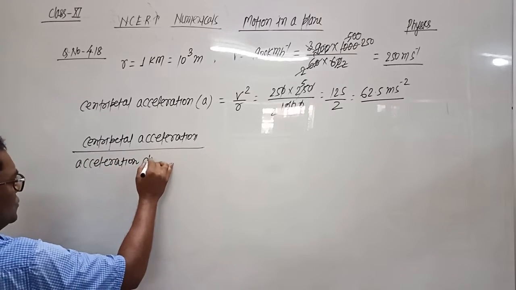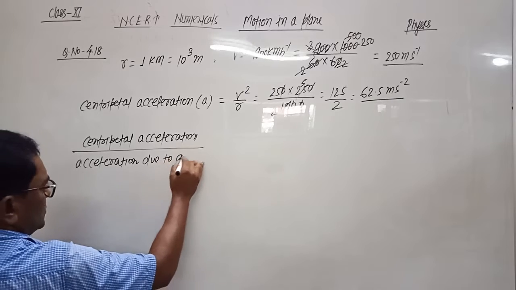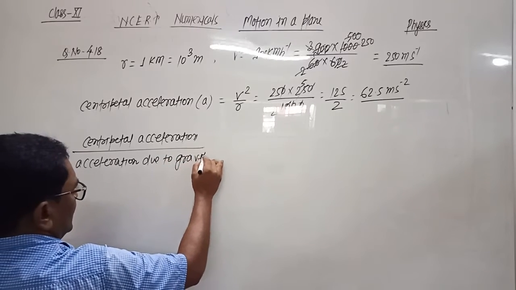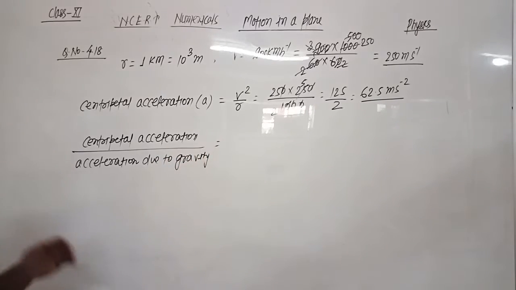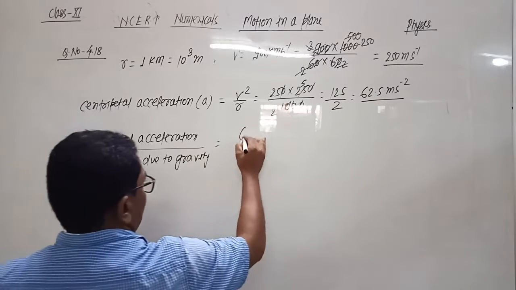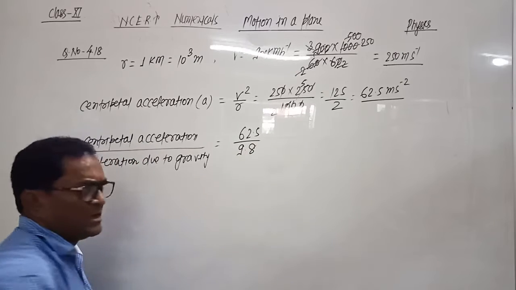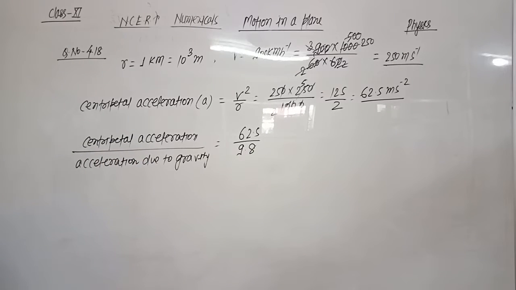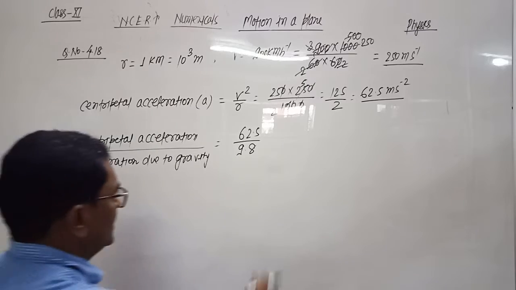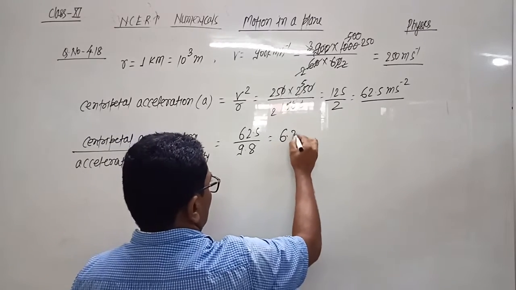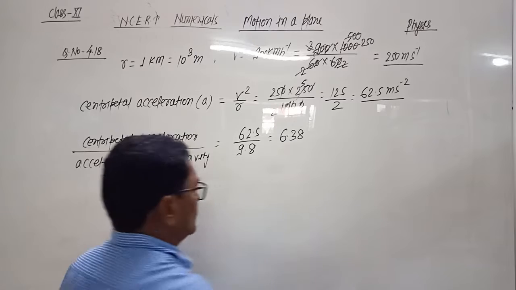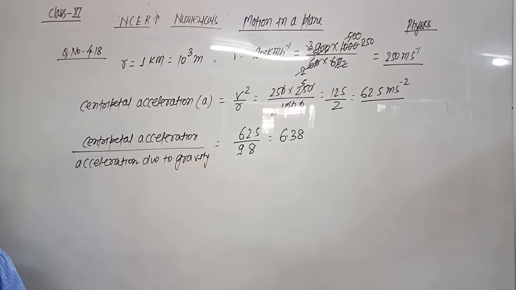The centripetal acceleration is 62.5 and the acceleration due to gravity is 9.8. So dividing, we get 6.38. The ratio is 6.38.